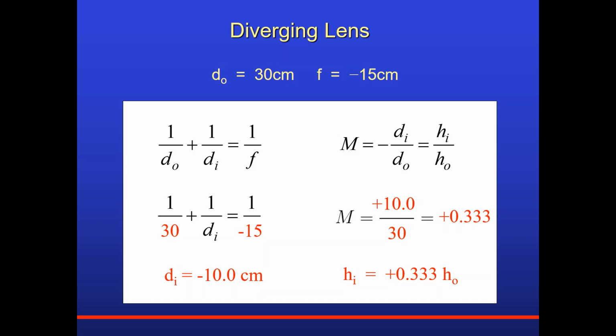Now we've done some problems. We solved for di, we solved for m, but there are many other ways to state or frame these kinds of problems. I could do a problem where you measure hi, you measure di, and if you know the focal length of the lens, you calculate, well, how far away is the image?